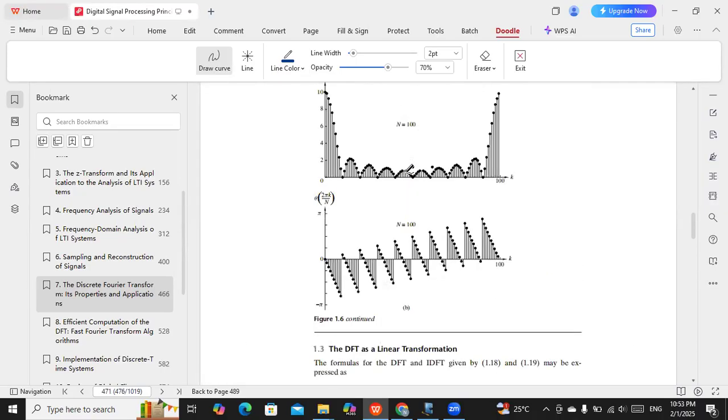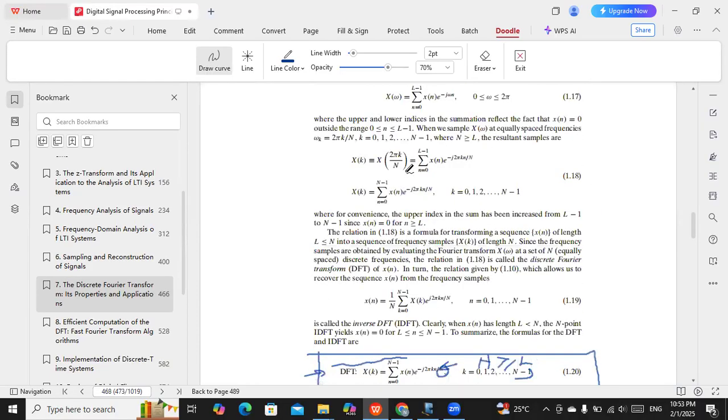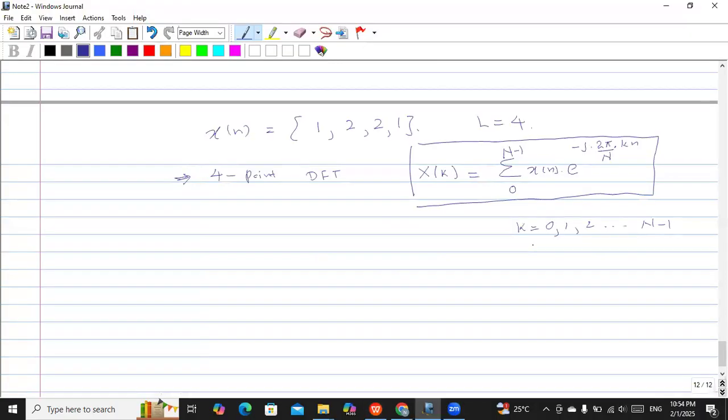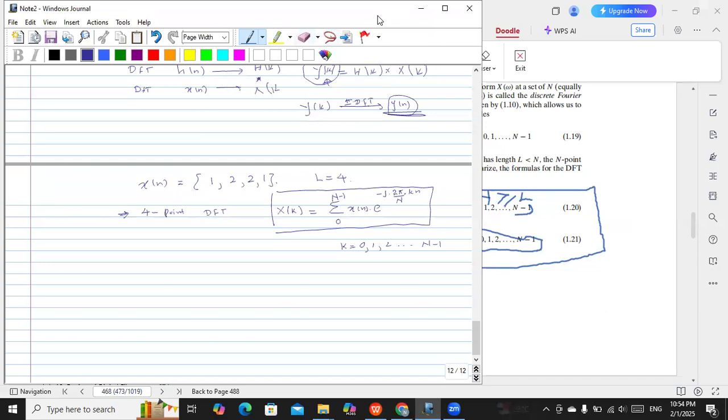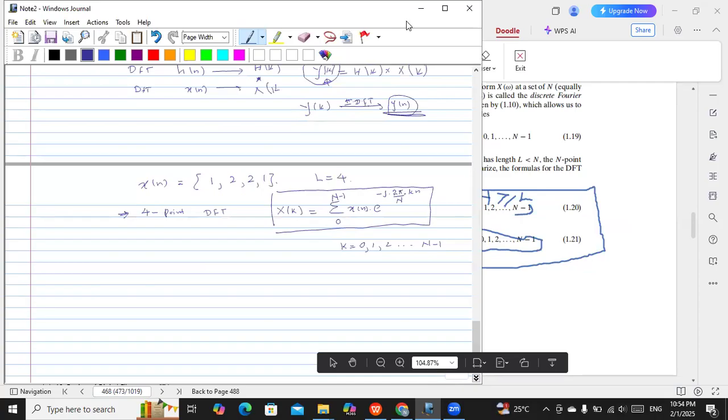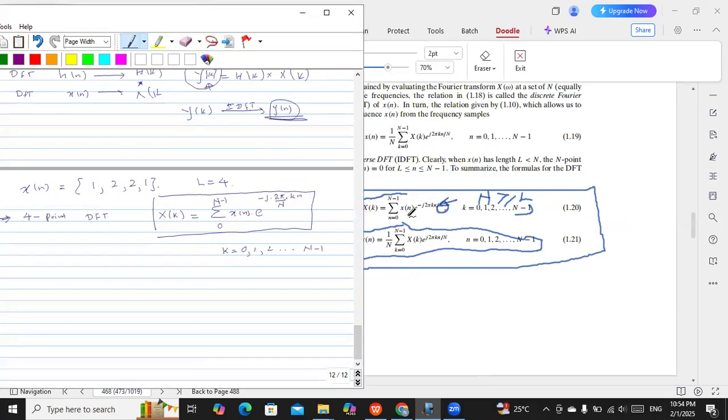So this is Xk, the summation over n from 0 to N minus 1 of xn e to the power minus j 2π kn divided by N, and k should be 0 to N minus 1.